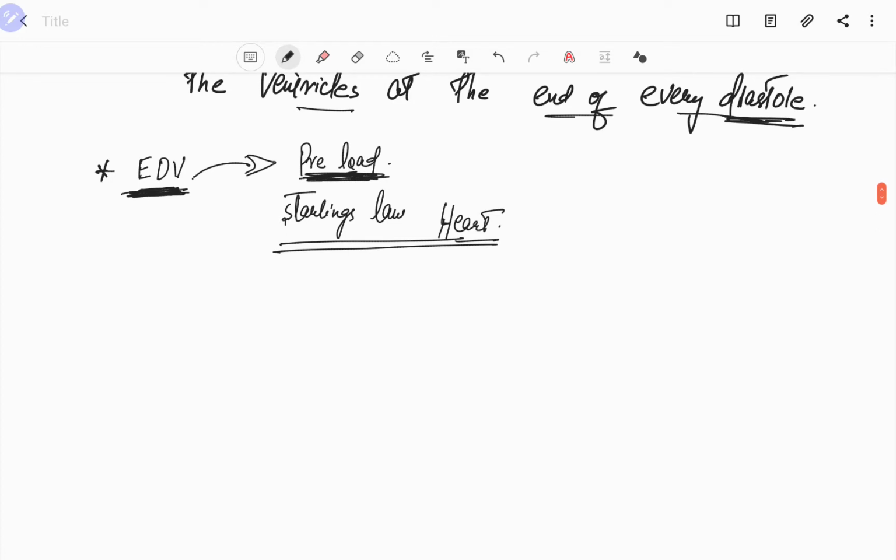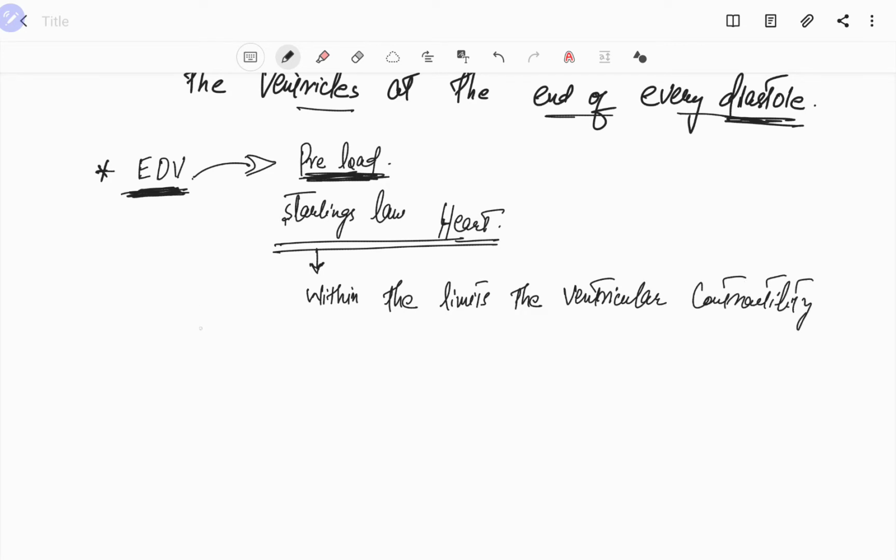Now, discussing Starling's law of the heart. It tells us that within the limits, the ventricular contractility depends on the end diastolic volume.